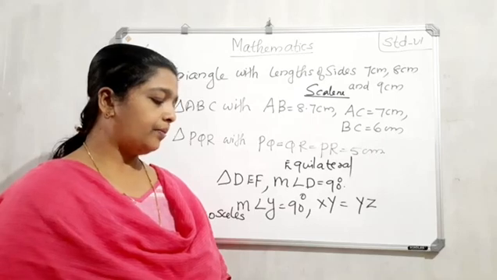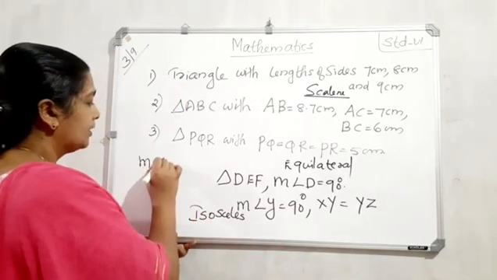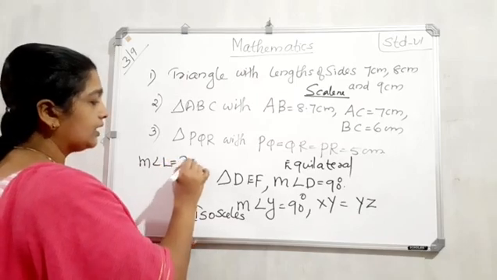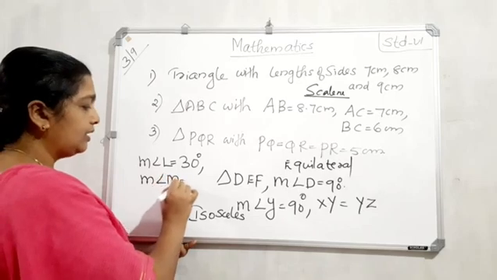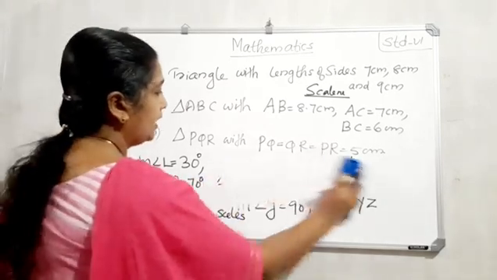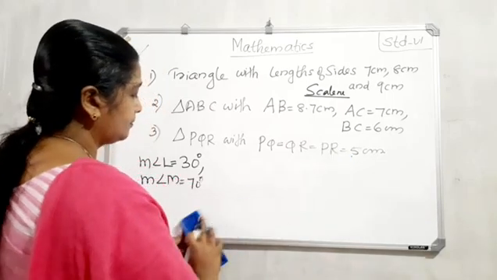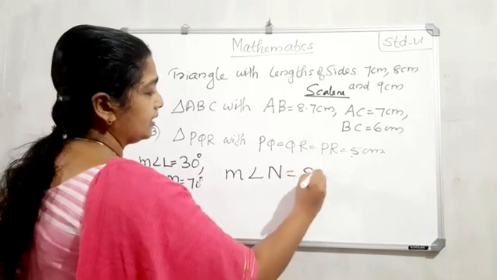Triangle LMN with the measurement of L equal 30 degrees, measurement of M equal 70 degrees and measurement of N equal 80 degrees.